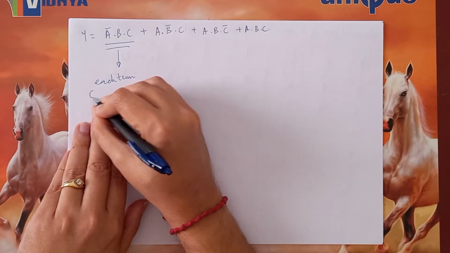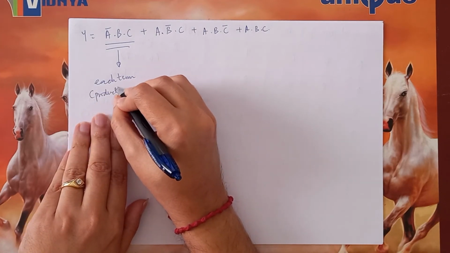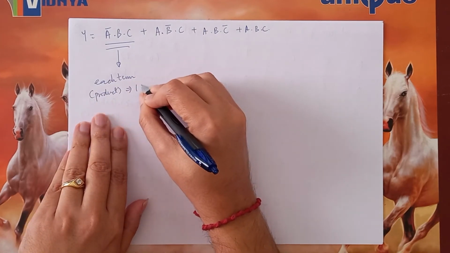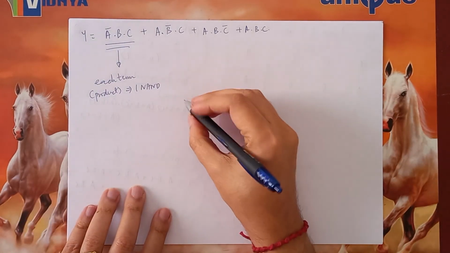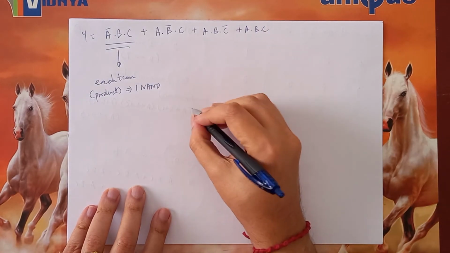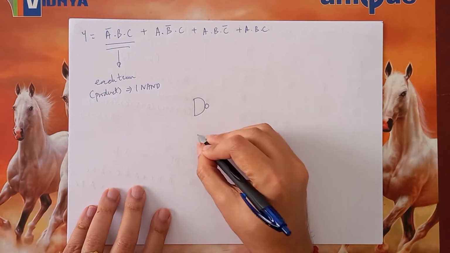Each product term corresponds to one NAND gate. Therefore, there are 4 product terms, so we will have 4 NAND gates.